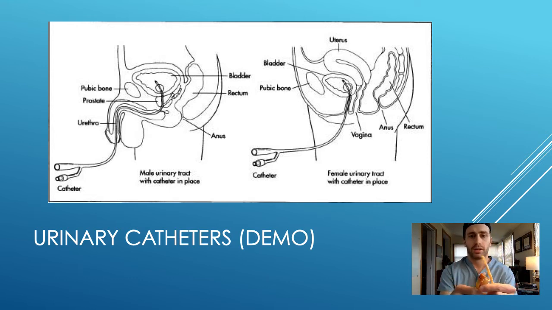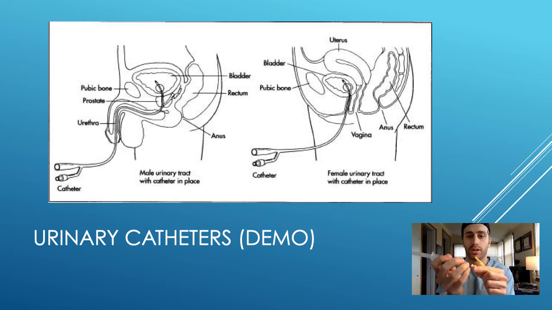This port right here with the little orange bit to it, you'll see it says the diameter, 16 French, and it'll say the amount of mLs or milliliters you want to instill into the balloon. The balloon is right here. To show you what it looks like, and I'll show you the bag after, this is a 10 mL syringe.